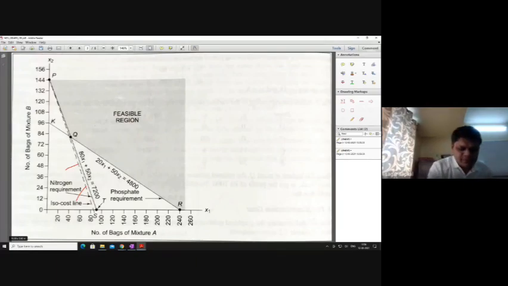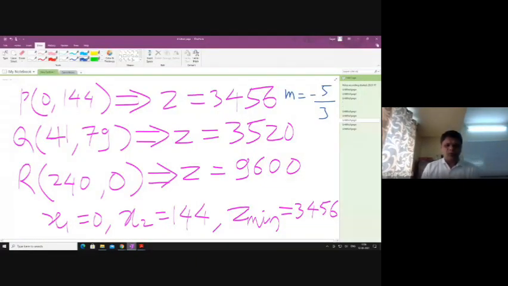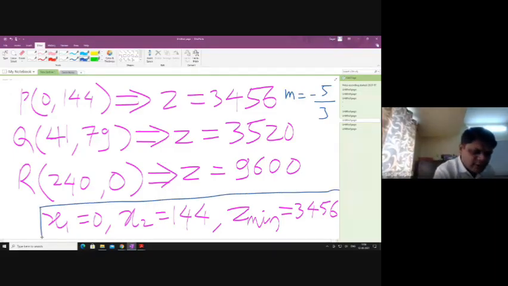Am I right? So your solution is this again. X1 is equal to 0, X2 is equal to 144, and Z min is equal to 3456. Is it okay?